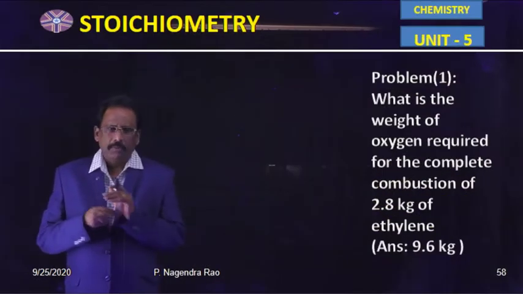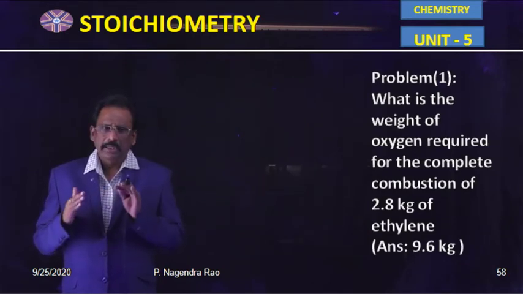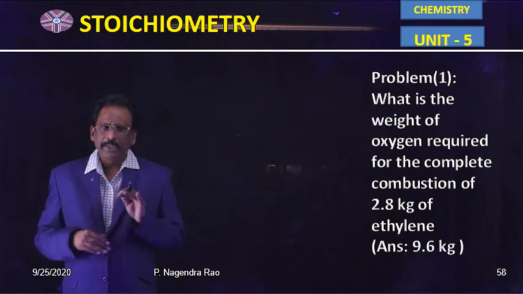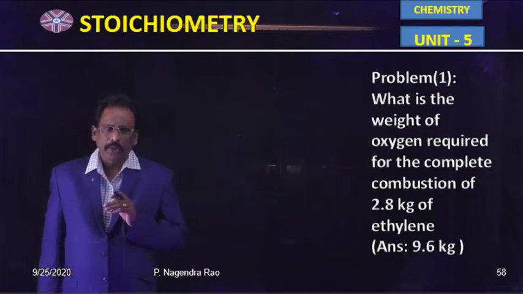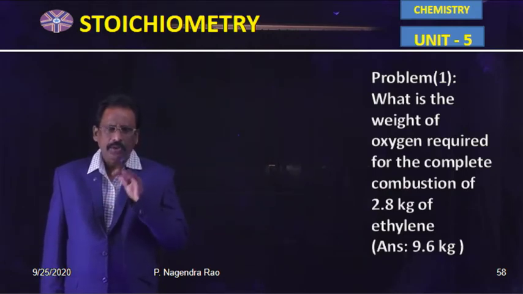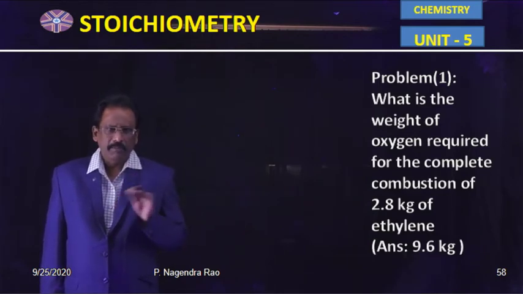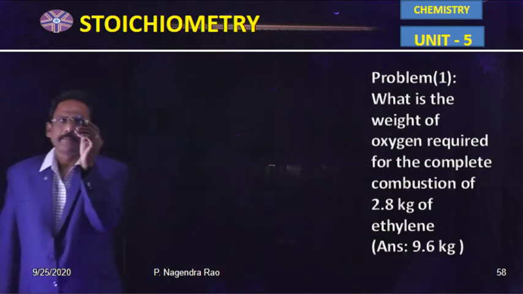The first problem based on stoichiometric calculations is: what is the weight of oxygen required for the complete combustion of 2.8 grams of ethylene gas? Now first write the balanced chemical reaction of ethylene.